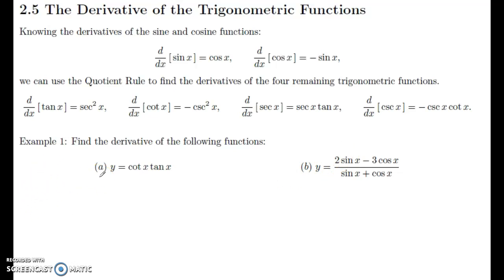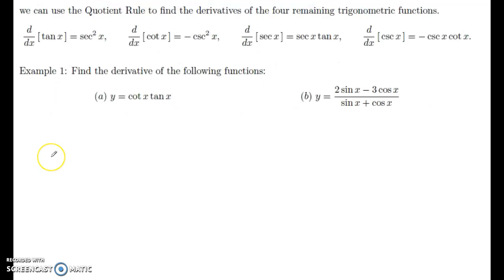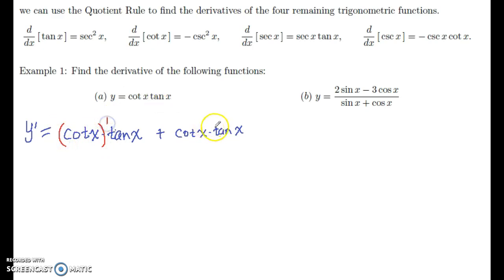So example part A, the derivative y prime. We notice it's a product, so we apply the product rule. We make 2 copies of this function, and we apply the derivative operator on the first function and then the second function.